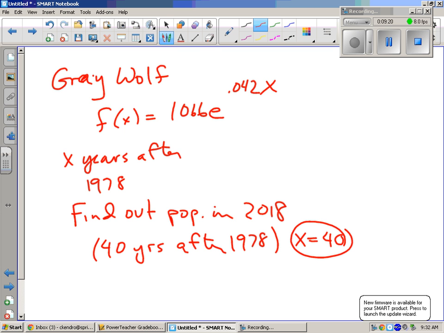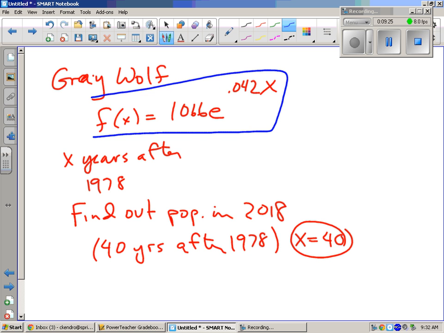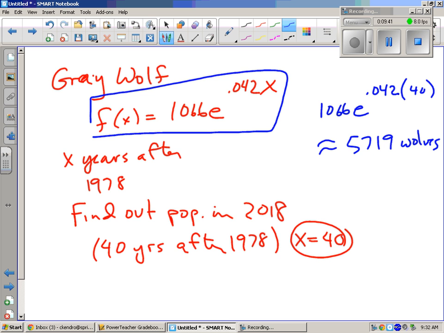Up here, let me go in a different color, we're going to use this formula, but I'm going to put a 40 in there. So 1066 e to the 0.042 times 40. If you work that out on your calculator, it comes out to be about 5,719 wolves. So they were very much endangered at one time, so the numbers are coming back slowly.